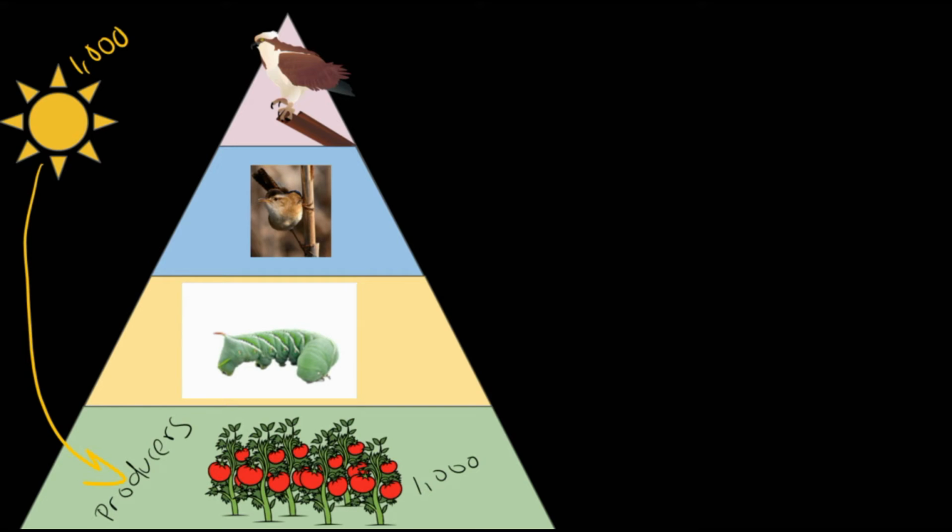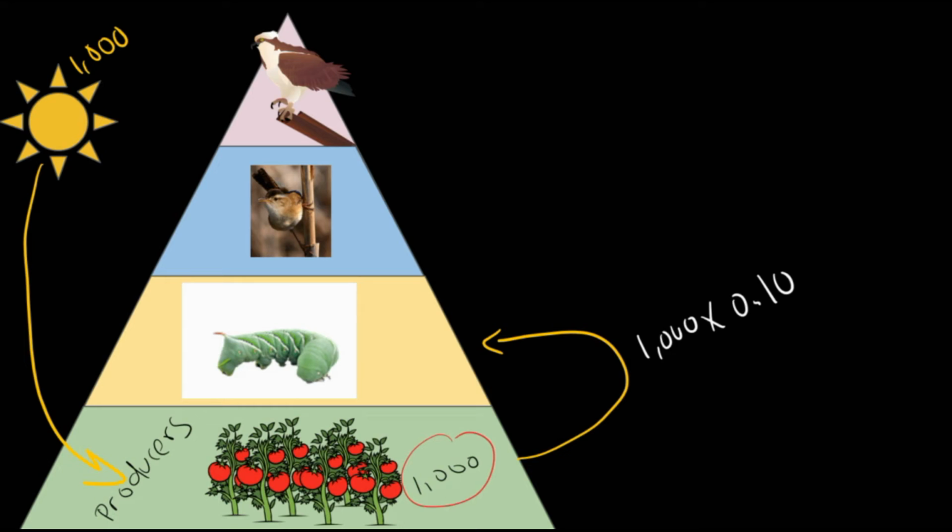So in this diagram, we are going to be moving up to the next level, and we are actually going to be multiplying the 1,000 units by 10%. So I'm going to go ahead and put here 1,000 times 0.10 to get the next answer for our tomato hornworm caterpillar.